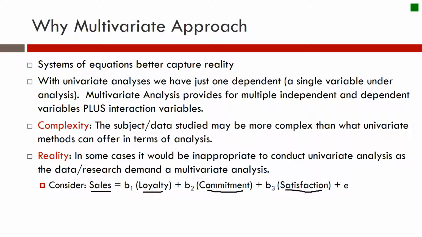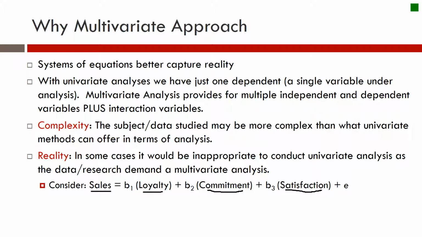So you could actually have a multi-item or multi-variable formula that measures loyalty, and then you could have a second multi-variable formula that measures commitment, and then a third one that measures satisfaction. Those three separate ideas or concepts all come together to help us predict sales.